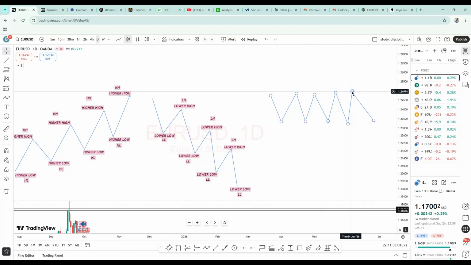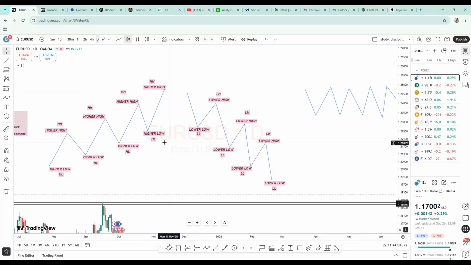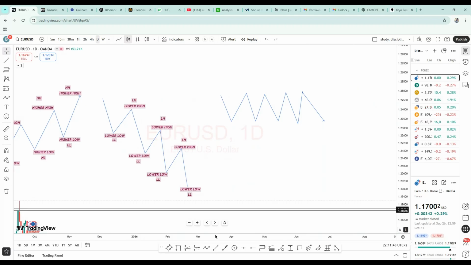So as long as the market doesn't break out, creating a new direction like the one that we previously drew here, it means that we are in a sideways market. This type of market is not tradable. Please always stay away from this type of market.